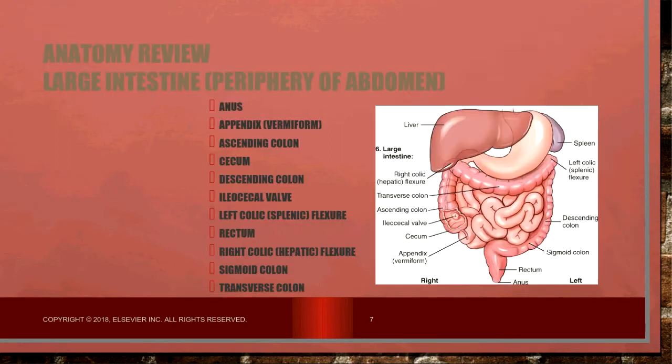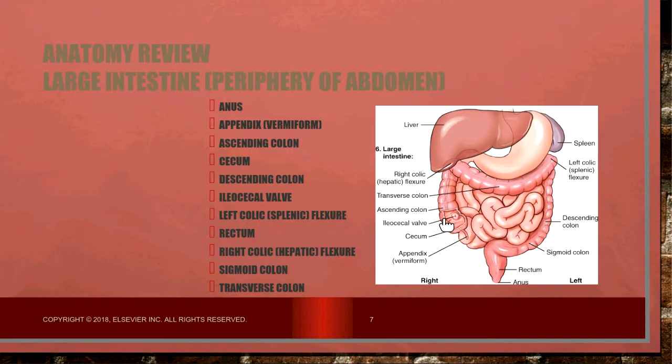When we go into looking at the large intestine, that tends to form the periphery of the abdomen, or it spreads to the furthest region from side to side of the abdomen. When we look at this picture of the large intestine, you've got the ileocecal valve. So when it comes through the terminal portion of the small intestine, it would dump in through the ileocecal valve.